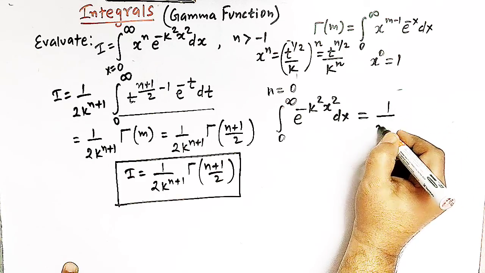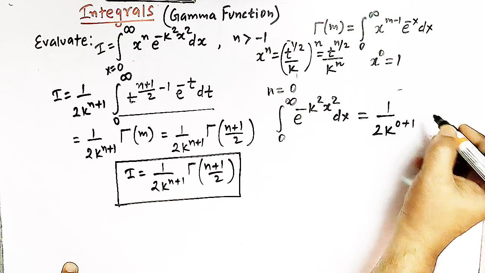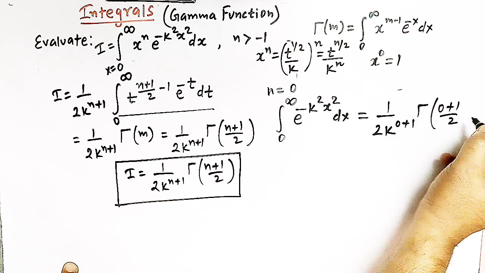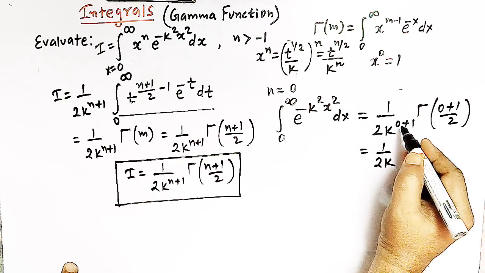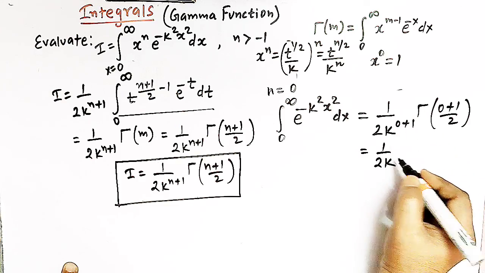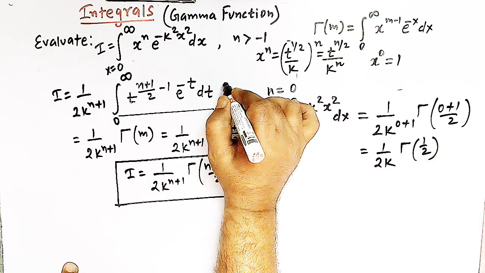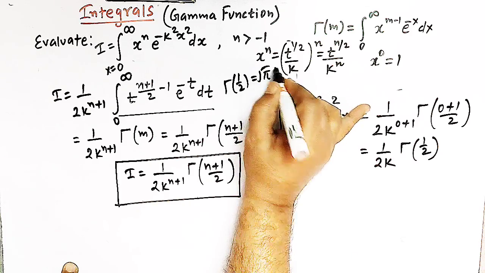So we have 1 over 2 times k raised to 0 plus 1, and here we have gamma of (0 plus 1) over 2. So here we have 1 over 2k, because 0 plus 1 is 1, and here we have gamma half, and the value of gamma half is equal to square root of pi.